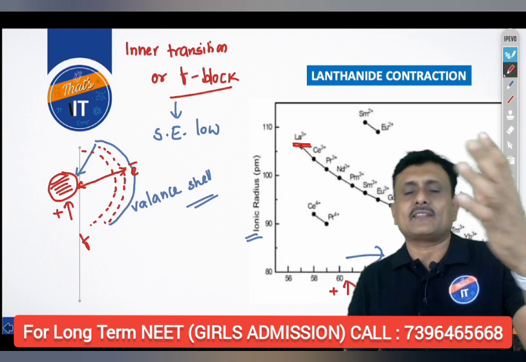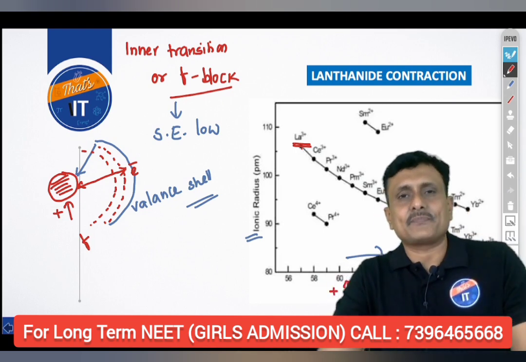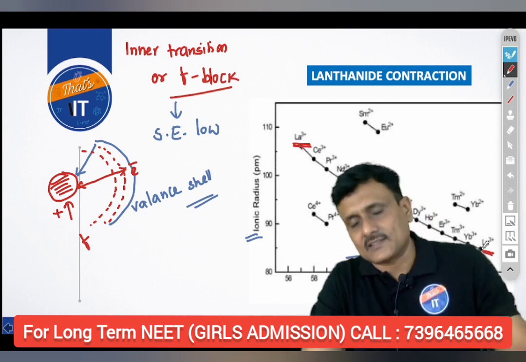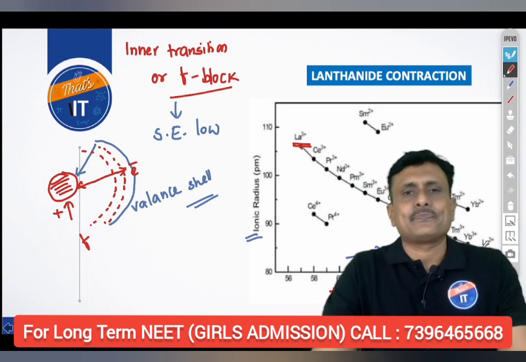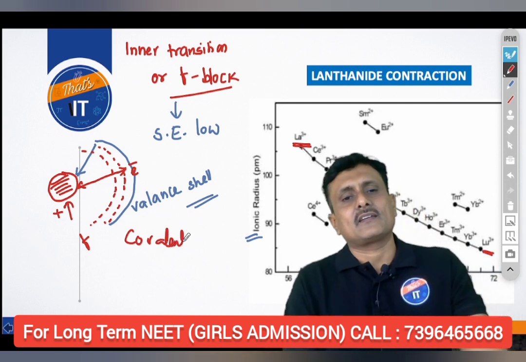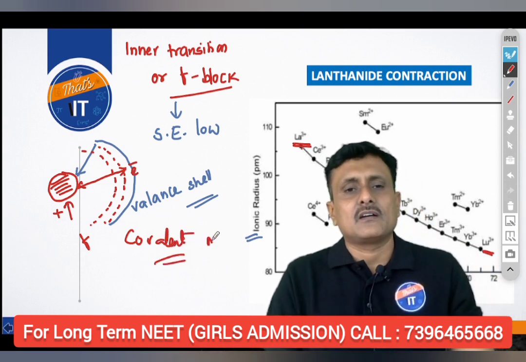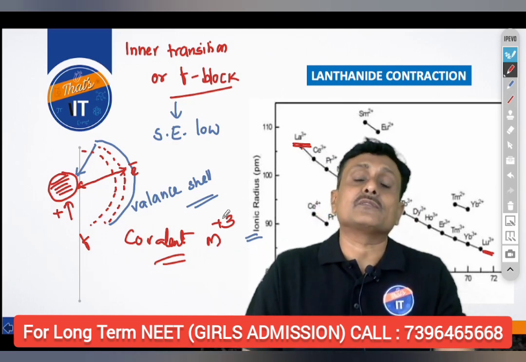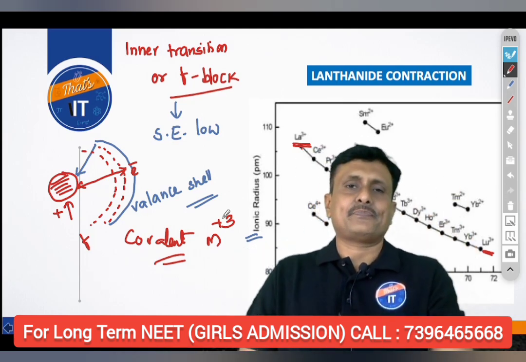So this is what you call lanthanide contraction, because of which the sizes of the metal cations of lanthanides are much smaller, because of which they are usually covalent in nature. The compounds formed by the trivalent cation of an f block element are usually covalent. Important, isn't it?